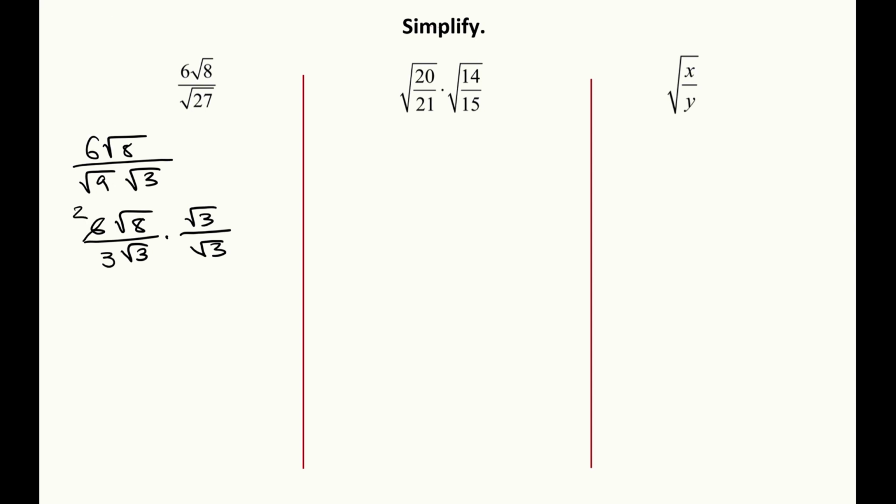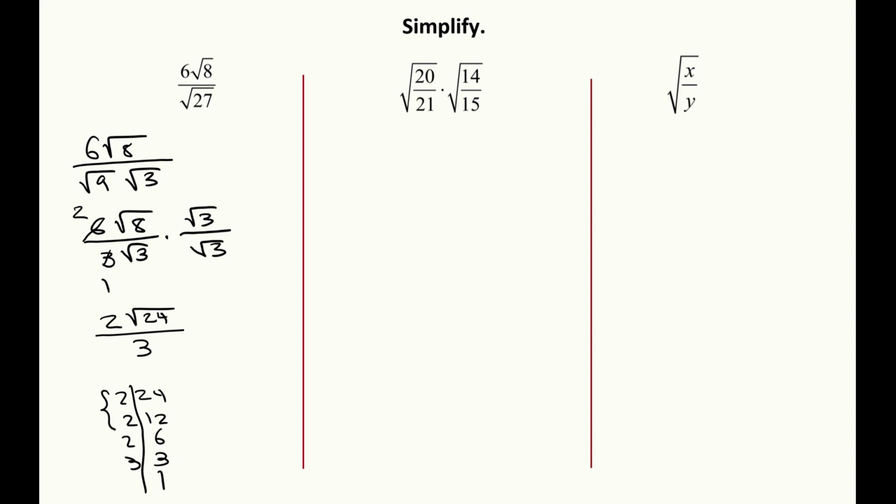let's go ahead and do this to make matters simpler. So we get 2 radical 24 over 3. Now we realize 24 also, notice you have 2, 12, 2, 6, 2, 3, 3, 1.